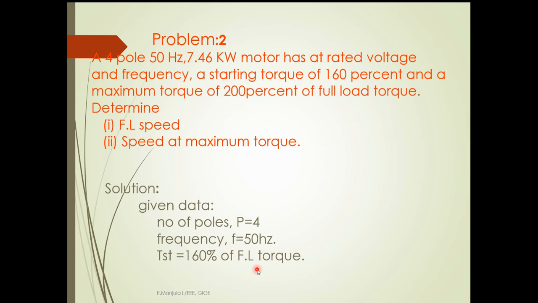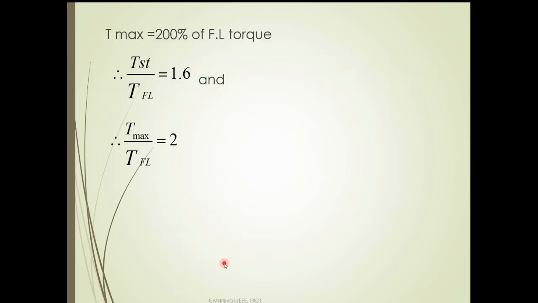The given data: the starting torque is 160 percent and the maximum torque is 200 percent of full load torque. Number of poles P is equal to 4, frequency is 50 Hz, starting torque is 160 percent of full load torque, and maximum torque is 200 percent of full load torque.